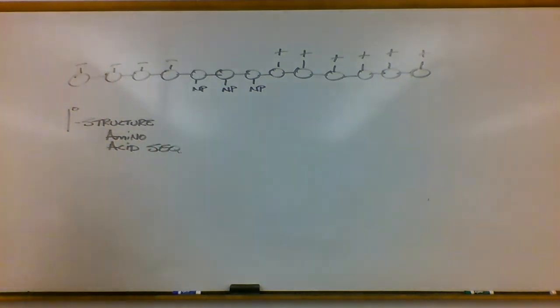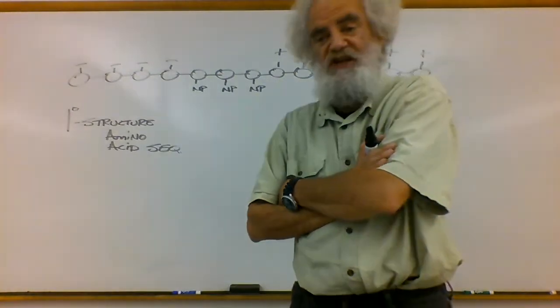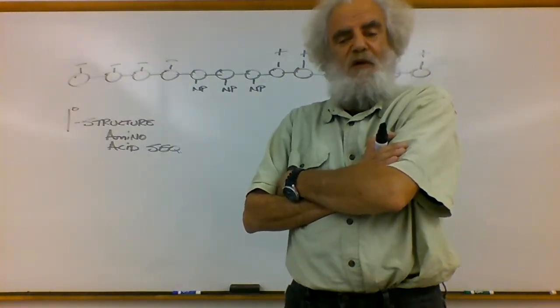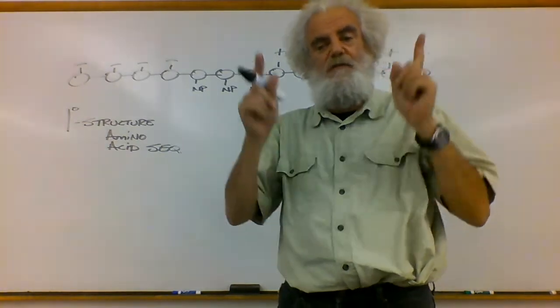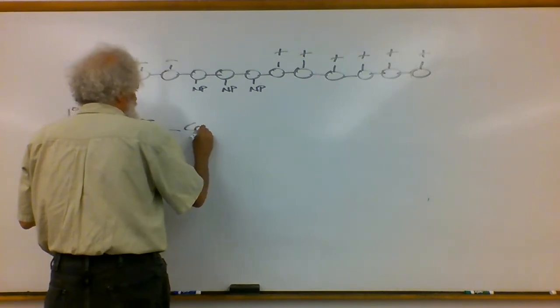Now, from a molecular biology perspective, I'll tell you, this is really easy to determine because it is simply based on the DNA sequence of a gene. The amino acid sequence is held together by our strongest bond, the covalent bond.